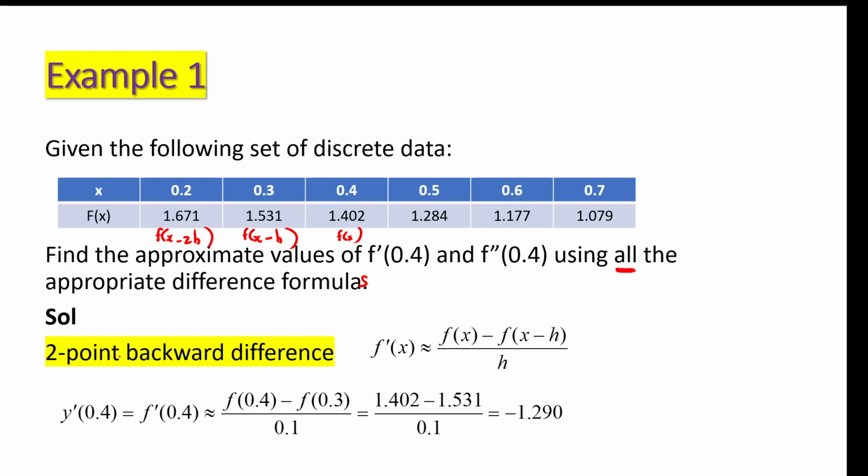If you just calculate, let's say, 2-point forward, then you lose the marks. I think it is 6 formulas: 2-point forward, backward, 3-point central, 3-point forward, 3-point backward, 5-point formula.